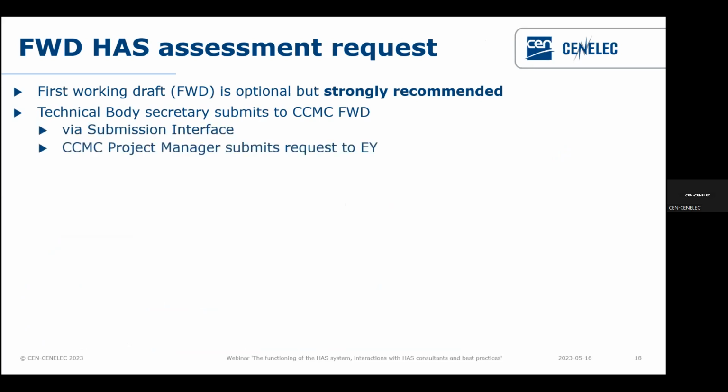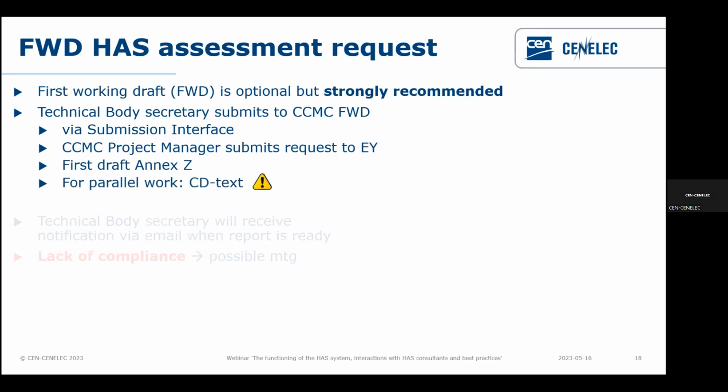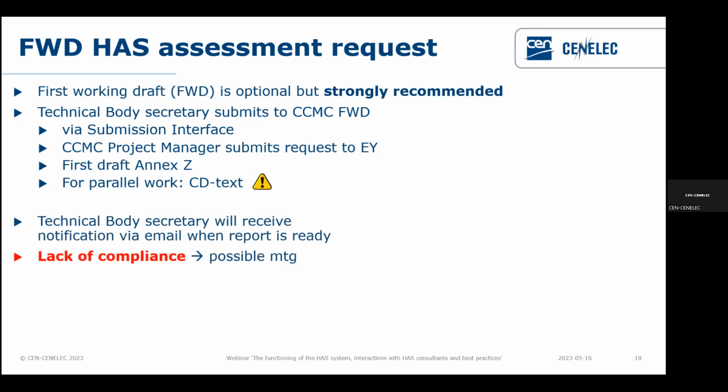Then the CCMC technical PM will submit the assessment request, the assessment package, to EY for the assessment, and a first draft of the Annex Z should be provided, as well as the CD text for parallel work for international work. Then, when the assessment report is made available, the technical body secretary will be notified by email.